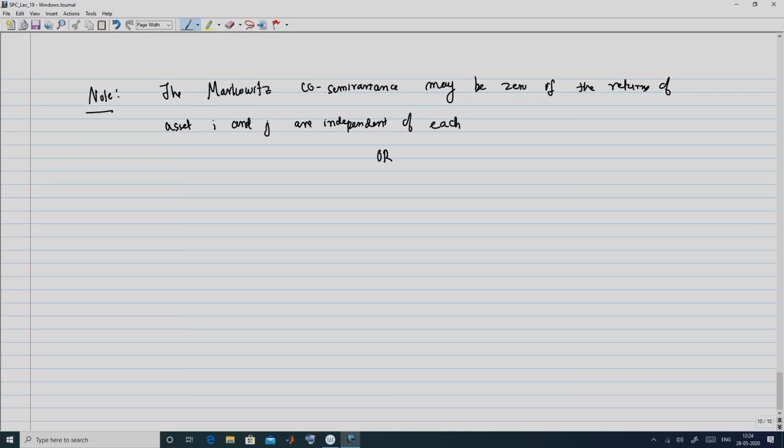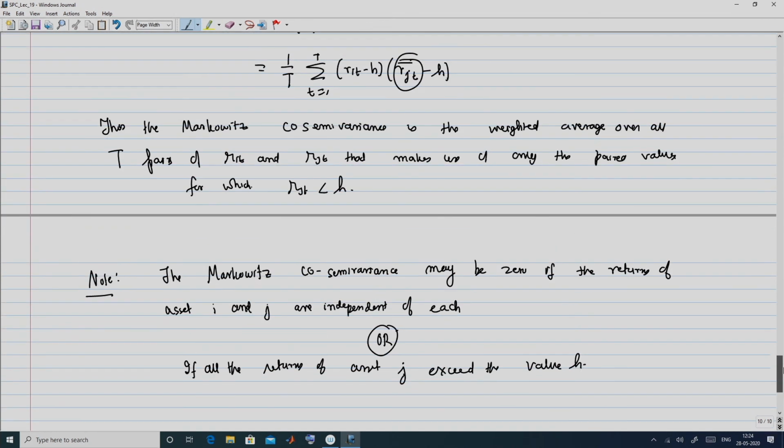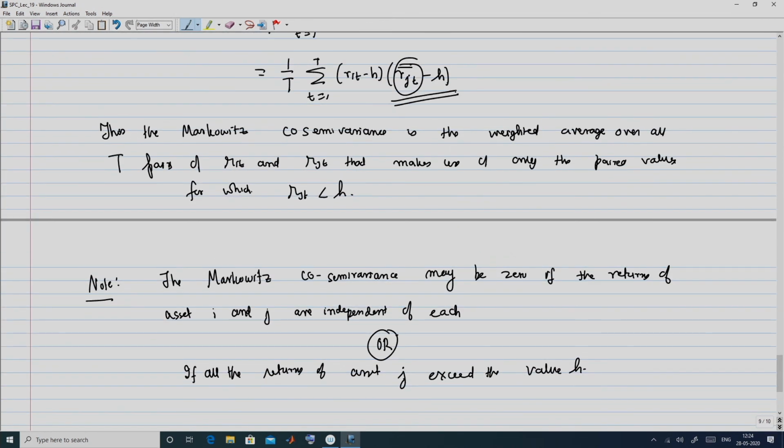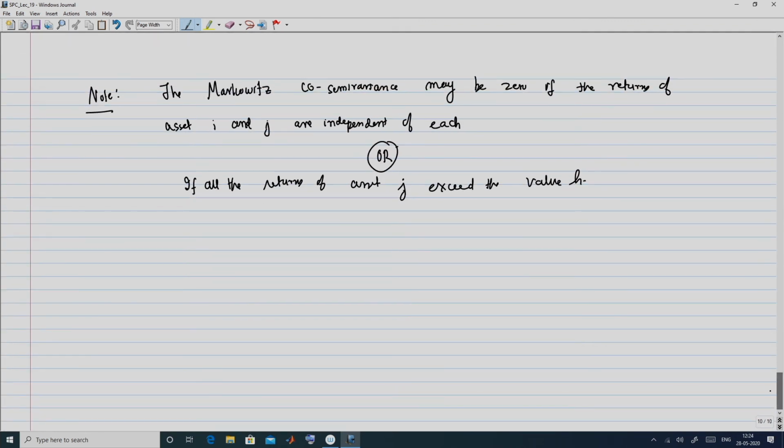The other way that the co-semi-variance can be 0 is if all the returns of asset j exceed the value of h. In that case it is going to render this term equal to 0, if it is exceeded in all cases.